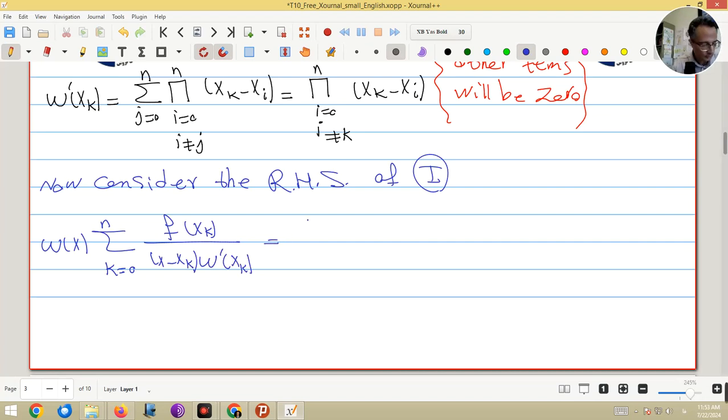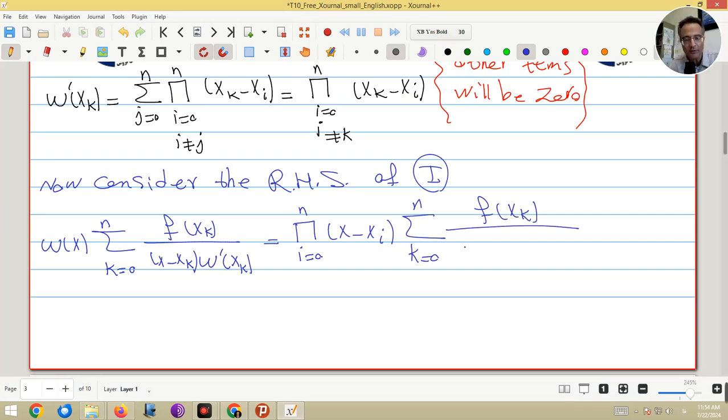This is equal to, let me put instead of w of x the product over i from 0 to n of x minus xi, and multiply it by the sum over k equal to 0 to n of f at xk over x minus xk.